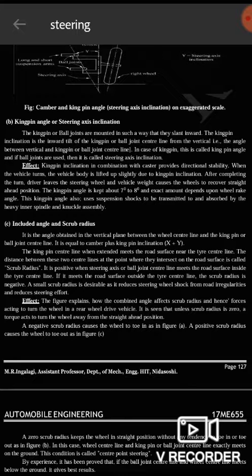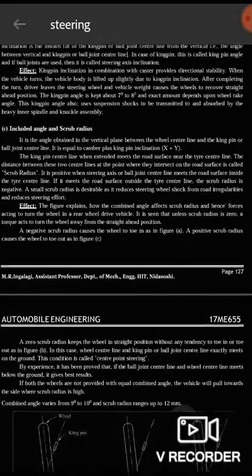The negative scrub radius causes the wheel to toe in as shown in figure A. A positive scrub radius causes the wheel to toe out as shown in figure C.